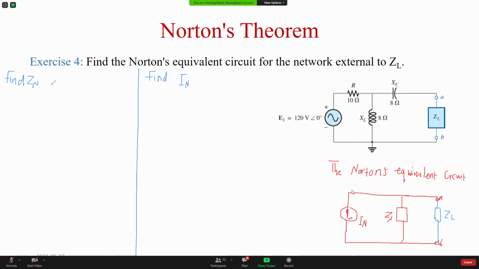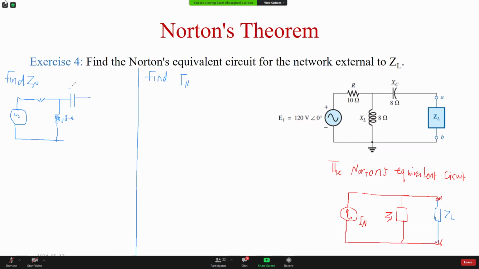So finding Zn, I'm gonna draw the circuit. Capacitor, resistor, source. Between here I have a branch and it's an inductor. So this is J8 ohm.